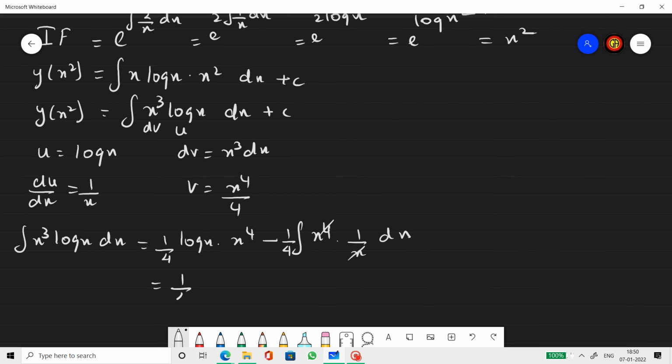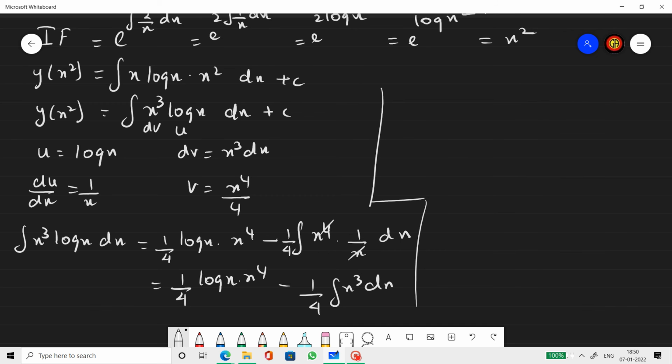So it is 1 by 4 log x into x power 4 minus 1 by 4 integration of x cube dx. Integration of x cube is x power 4 by 4. So 1 by 4 log x into x power 4 minus 1 by 4 into x power 4 by 4 plus c.